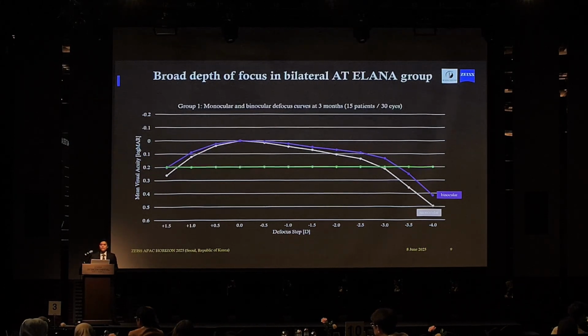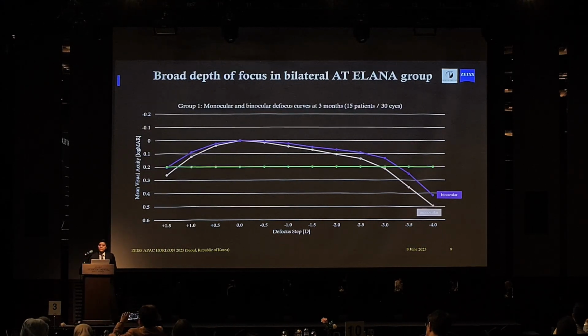I think the focus curve is very nice, and I also think that the ELISA approach is quite nice, especially now when we don't have a toric version of the IOLMaster. What can we do? As these optics are pretty much the same, apart from slight differences, I think it's an ideal thing to do a mix and match in order to apply both technologies. So I think it's a very smart approach. Thank you, really good. Thank you very much.